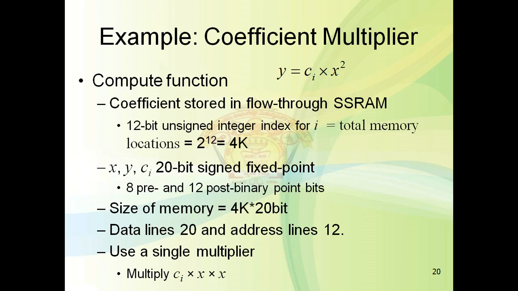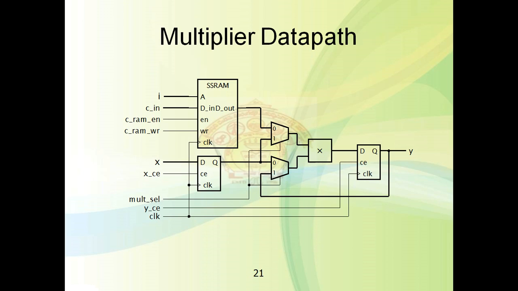Then we'll see the data path for the coefficient multiplier. As it requires a flow through SRAM, this is the flow through SRAM, and its size is 4k into 20-bit.